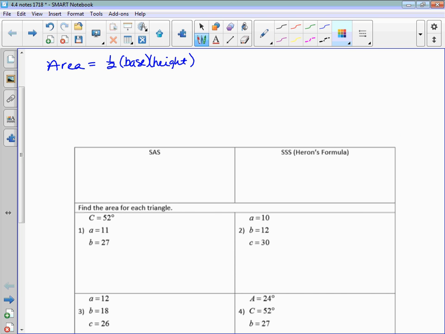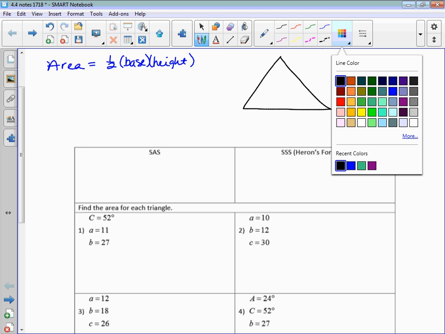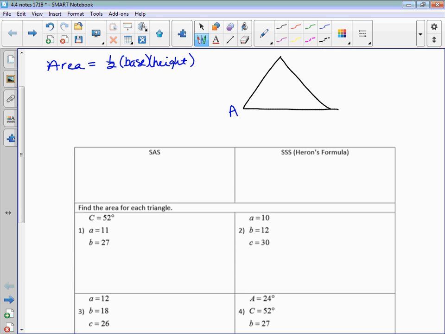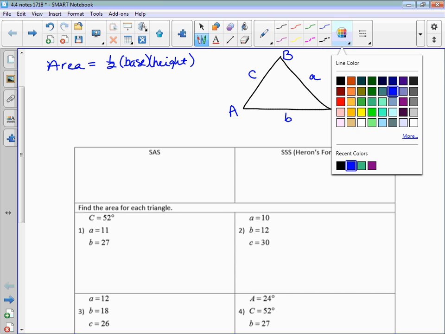So let's think about our little triangle here. Let's say that's the triangle I wanted to find the area of. Do I know the height right now? No, okay. The height, remember, is this guy.